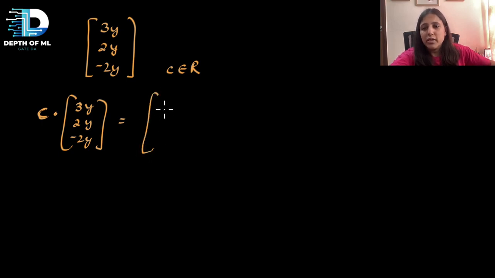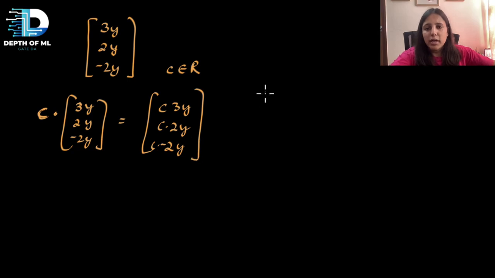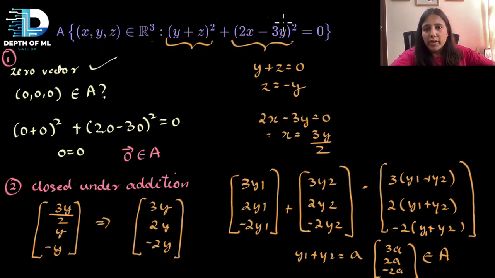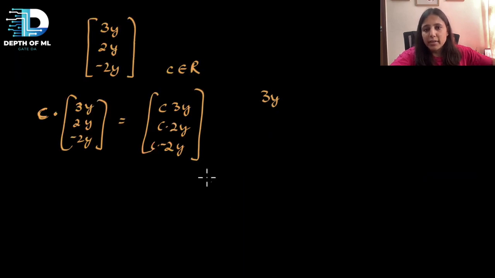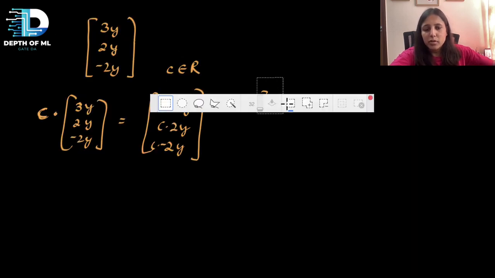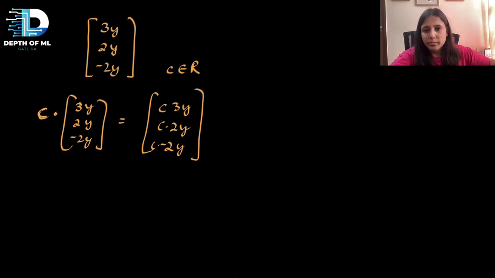So here I'll get c into 3y, c into 2y and minus 2y, c into this, right? Now I know that this form is already satisfied by this vector, so if I multiply any scalar to this, it is already satisfied.